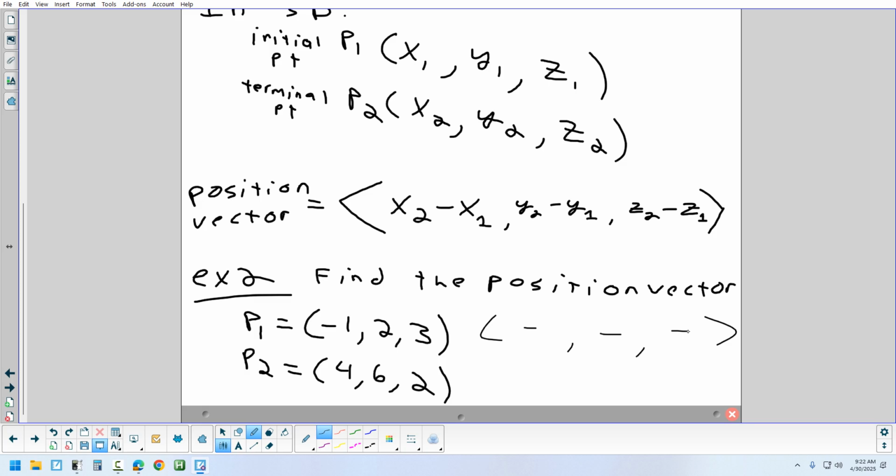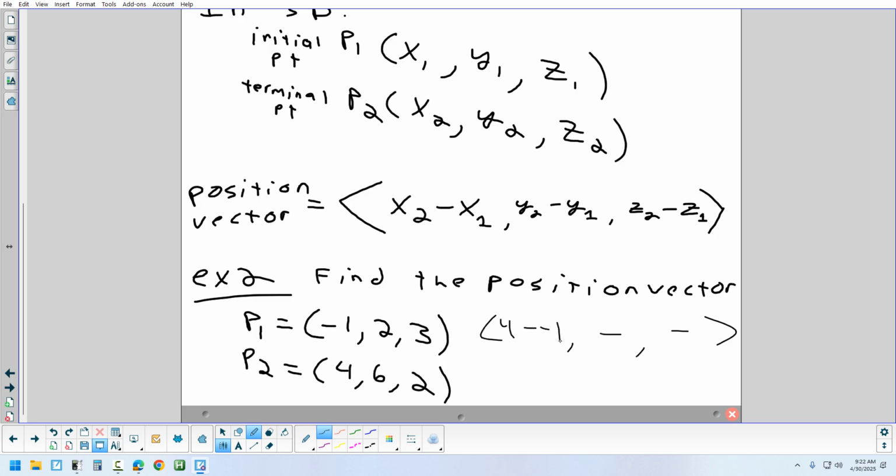We need to do 3 subtractions. What is going to be my calculation to find the x component of the position vector? Yep. 4 minus -1. Okay.